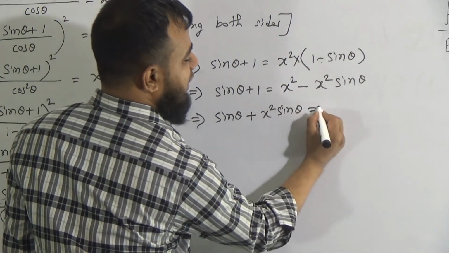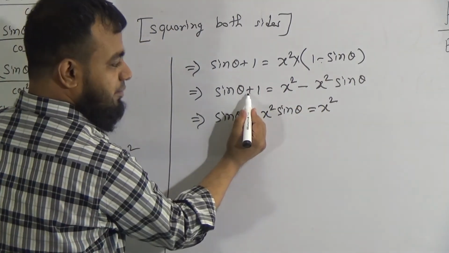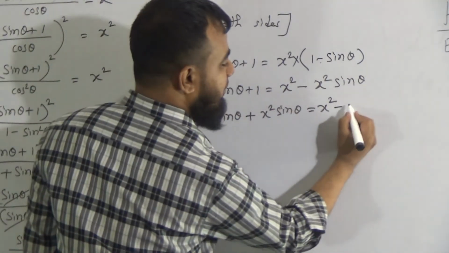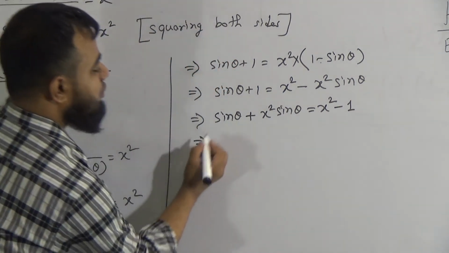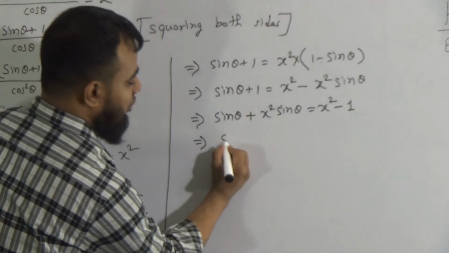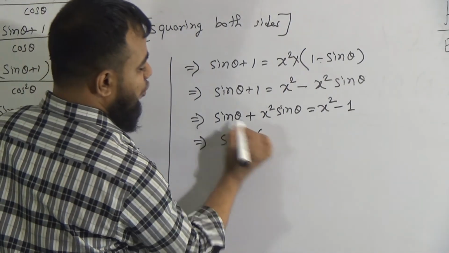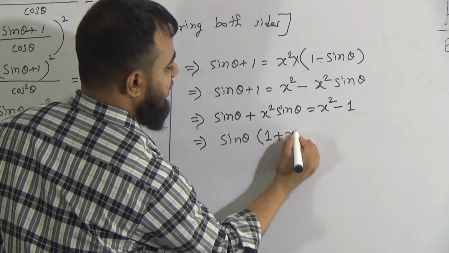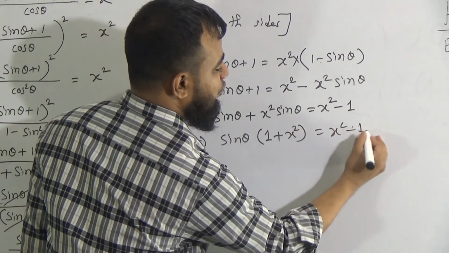Now that's equal to x square, and this one, the 1, we need to transfer into the right side. It has a plus sign before, so it will be a minus sign in front of 1. Now we need to take sin theta as common. If we take sin theta as common, we'll get 1 plus x square here, that's equal to x square minus 1.